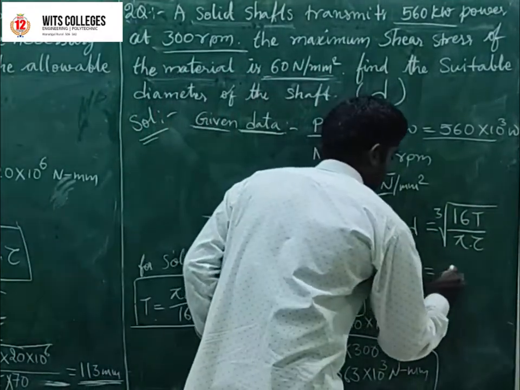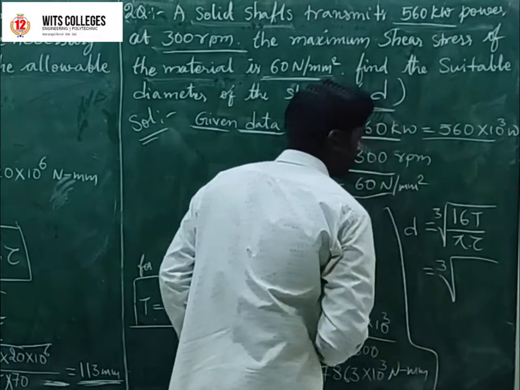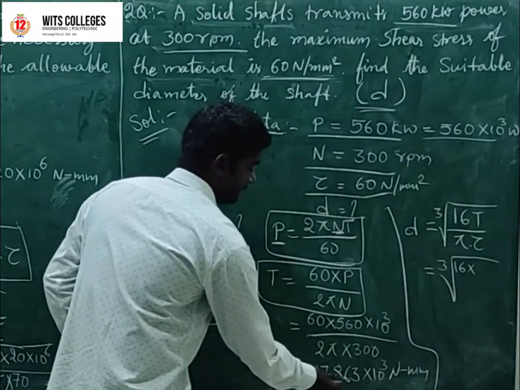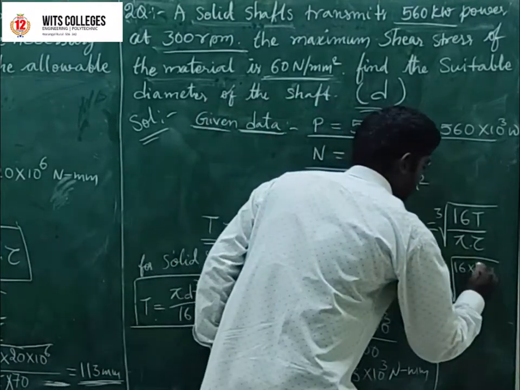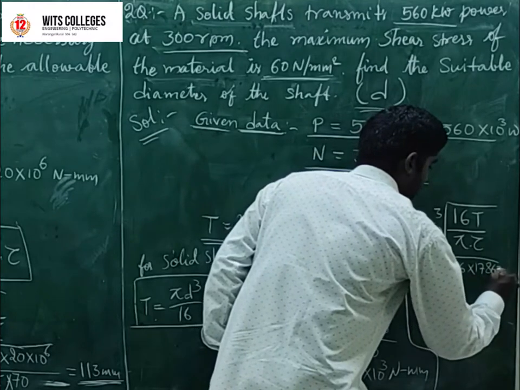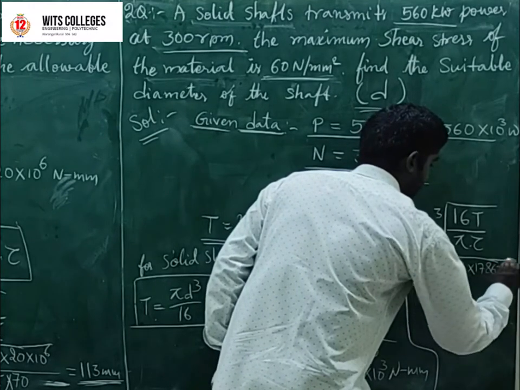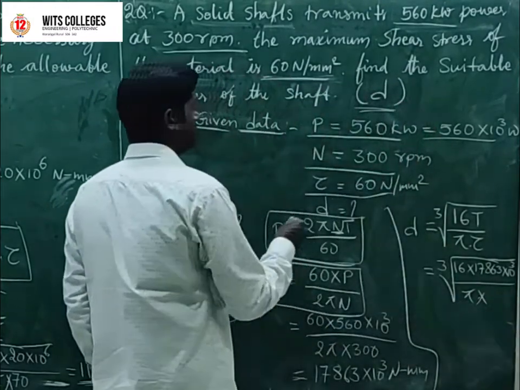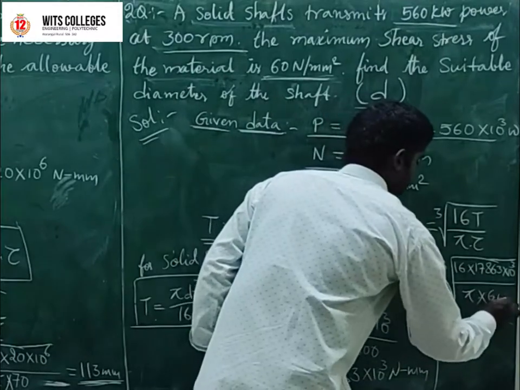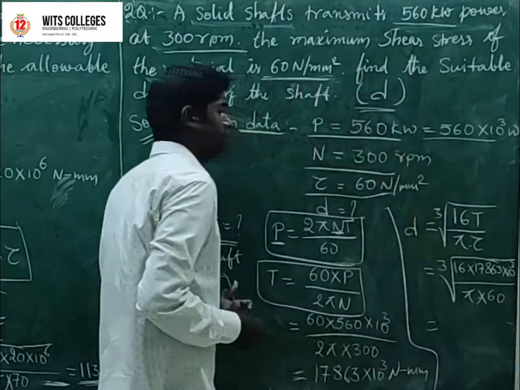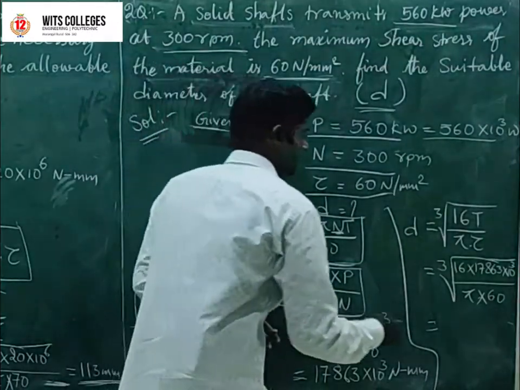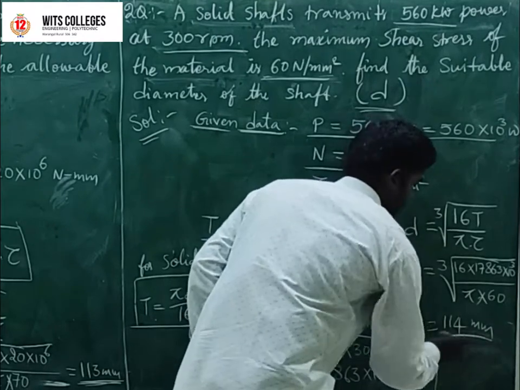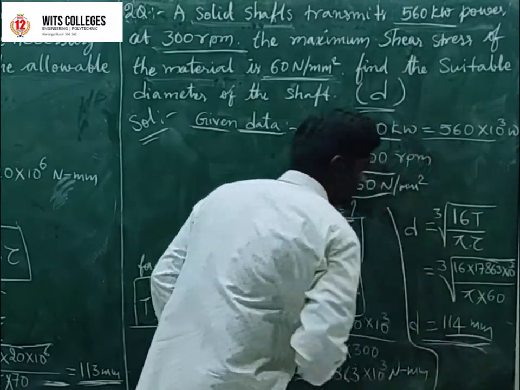Let's substitute: cube root of 16 into T value, 17,863 into 10 to the power of 3, by pi into tau, tau value 60. Okay, let's find out using your calculator. D is equal to approximately 114 mm. Okay, this is our answer in this question.